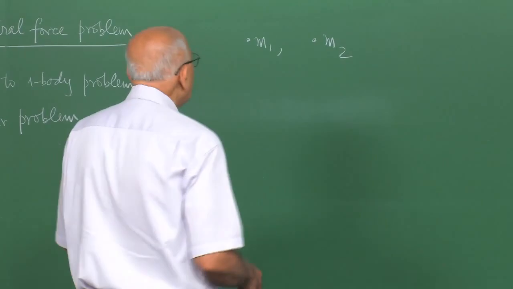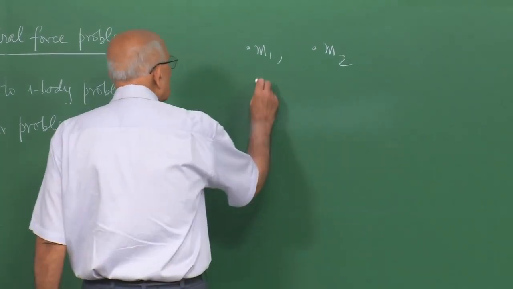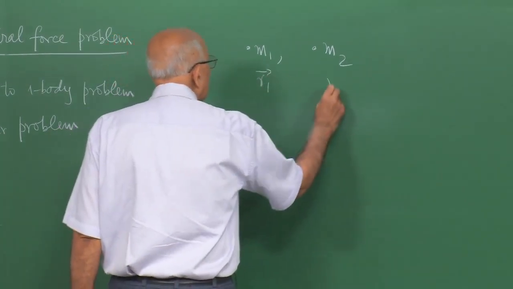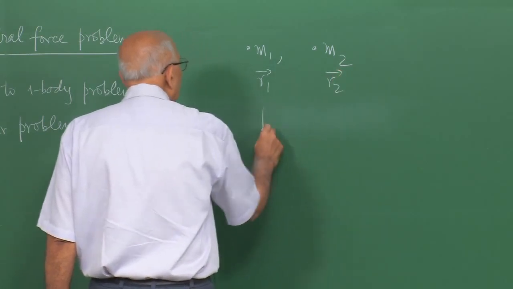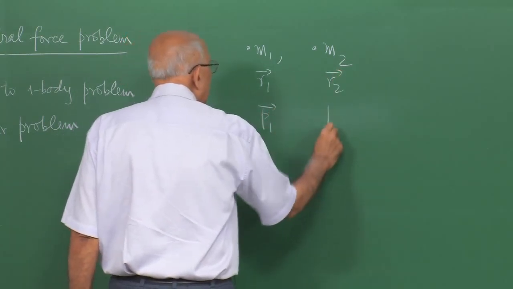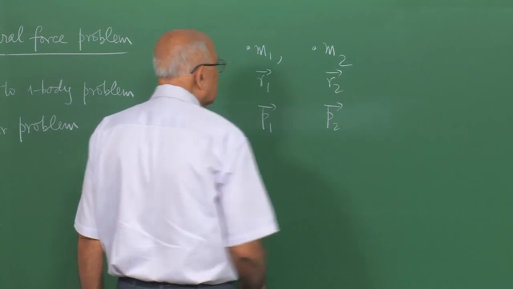Namely, can we find the instantaneous coordinates r1 and r2 of these particles, and can we find the instantaneous momenta p1 and p2 of these particles?